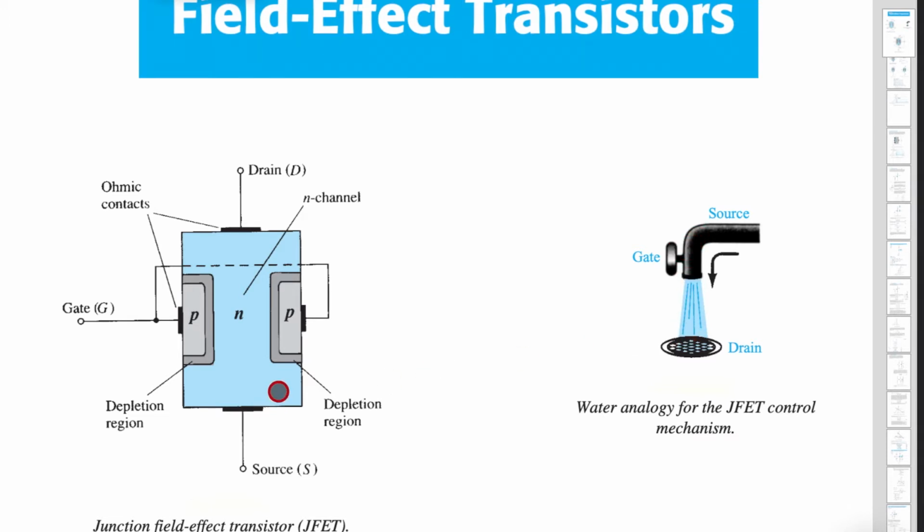Similarly, this is the source, because from here electrons will start to flow in this direction and go to the drain. If electrons go in this direction, then current is in the opposite direction. We all know it, correct? Current direction is always opposite to the electron direction. So this is why the names source, drain and gate came for the FET.